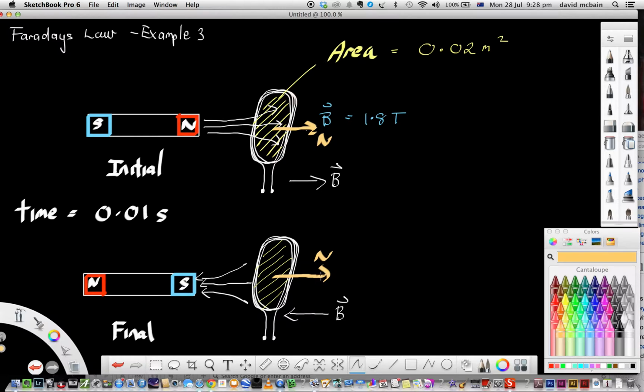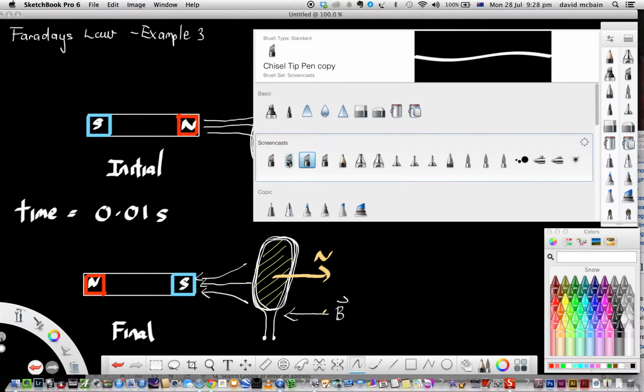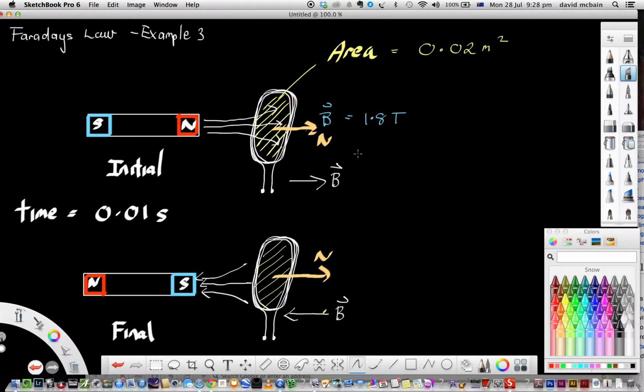But look at the direction of the magnetic field in both cases. In this first scenario, the angle between the normal and the magnetic field, theta, is 0 degrees.